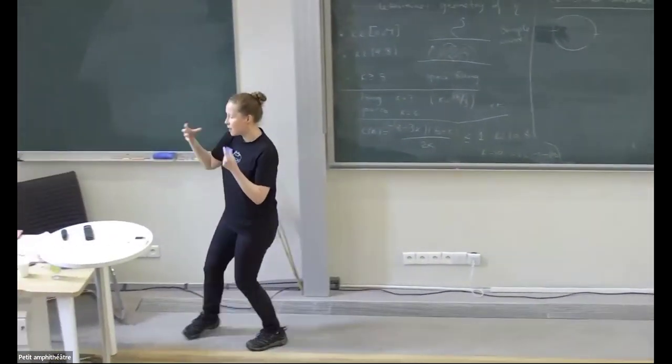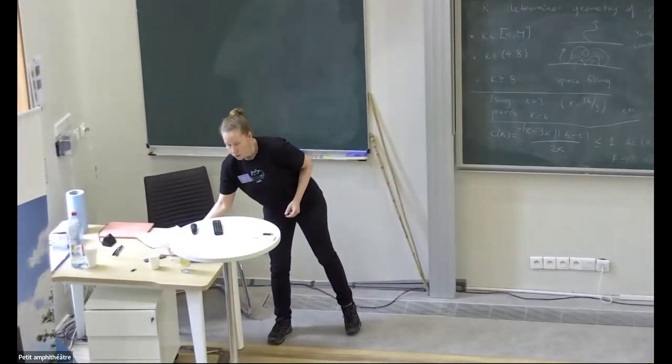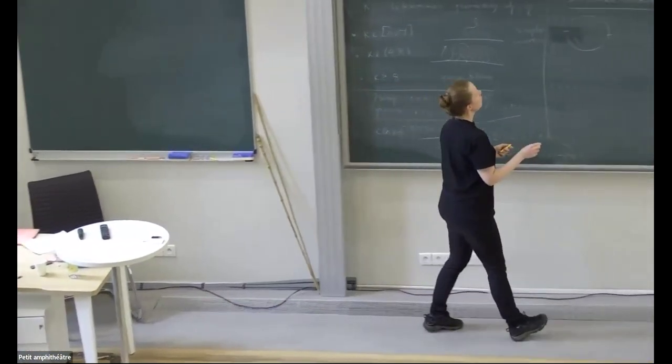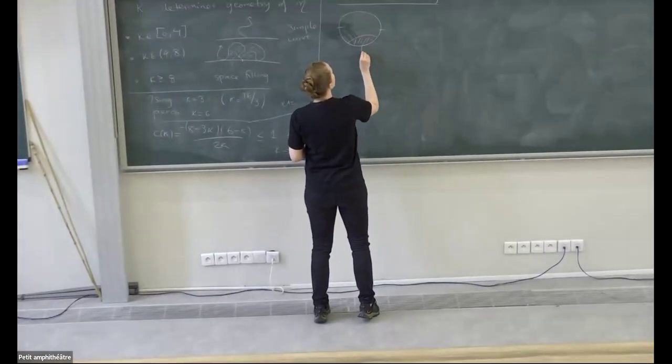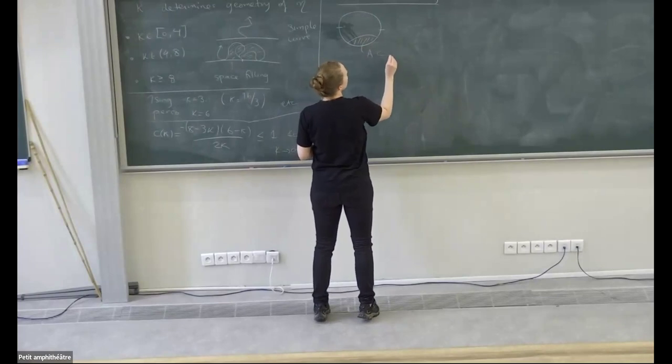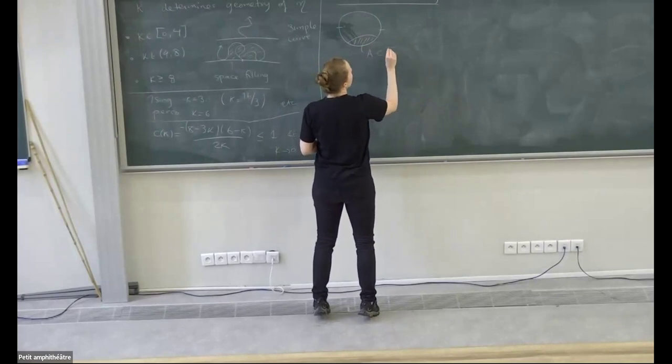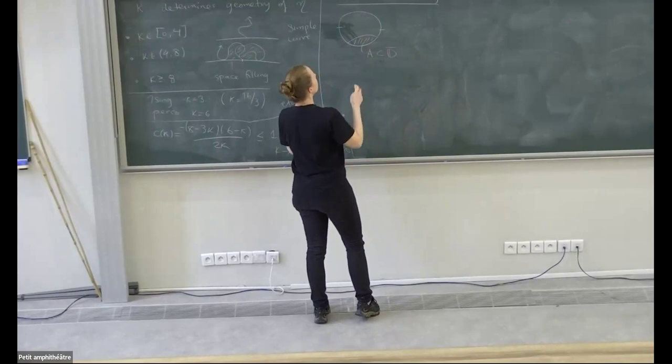And then I want to see, if I change the domain, what happens to my curve? The simplest thing is just that I remove some blob A, which is in the domain. Maybe the domain is the disk, let's say.